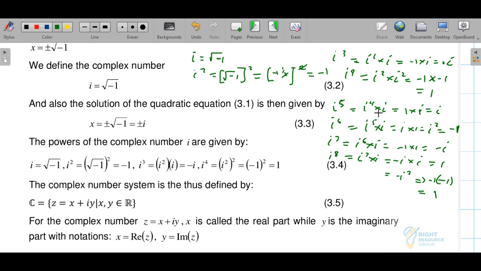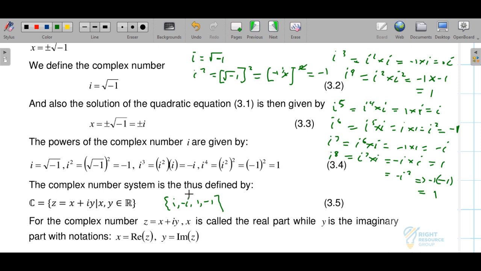So I'm trying to say that if you keep going, all you are going to be resolving into is i, minus 1, minus i, 1, no matter the power you have, right? So this is primarily the set of powers.